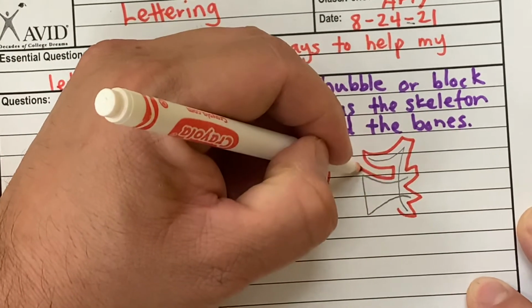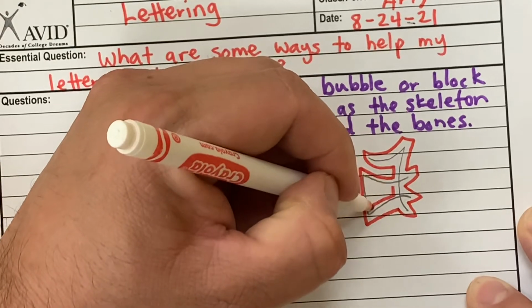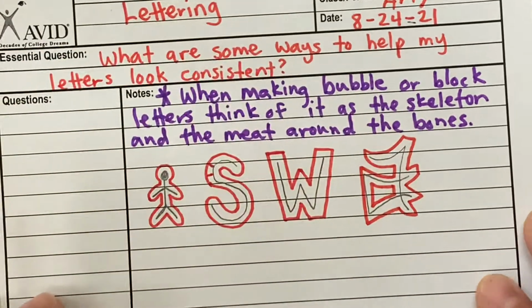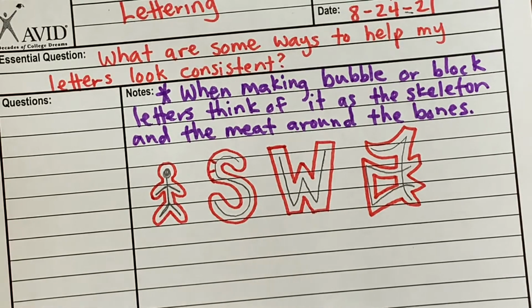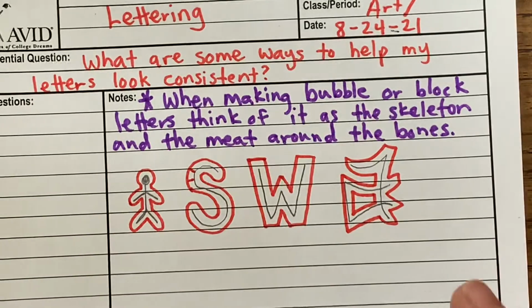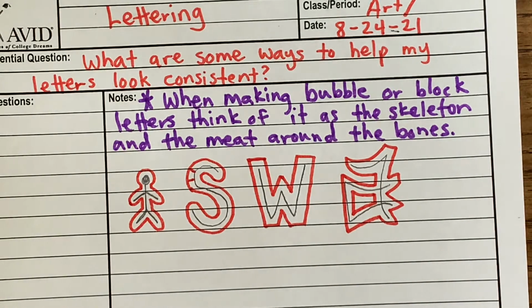And some of you might be like, what the heck is that? For me, this is how I would make my A's. It was like my A's in my own style, more like graffiti type. I don't know if you want to call it that, but that's kind of what we're talking about when making bubble or block letters.